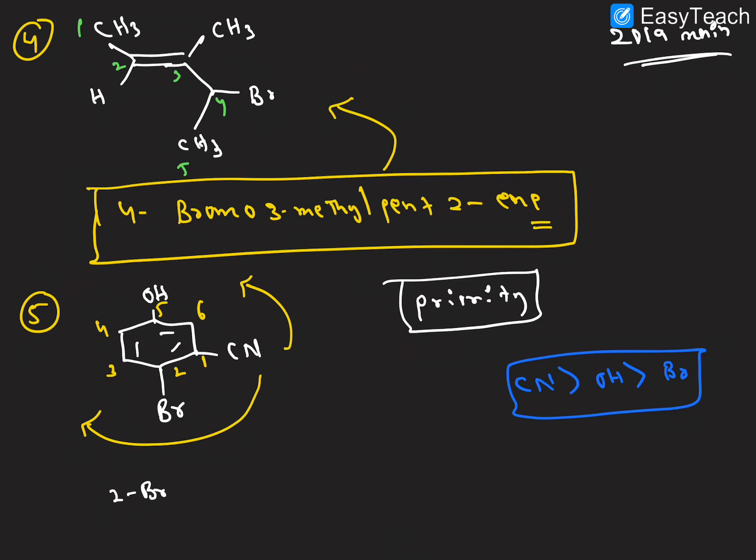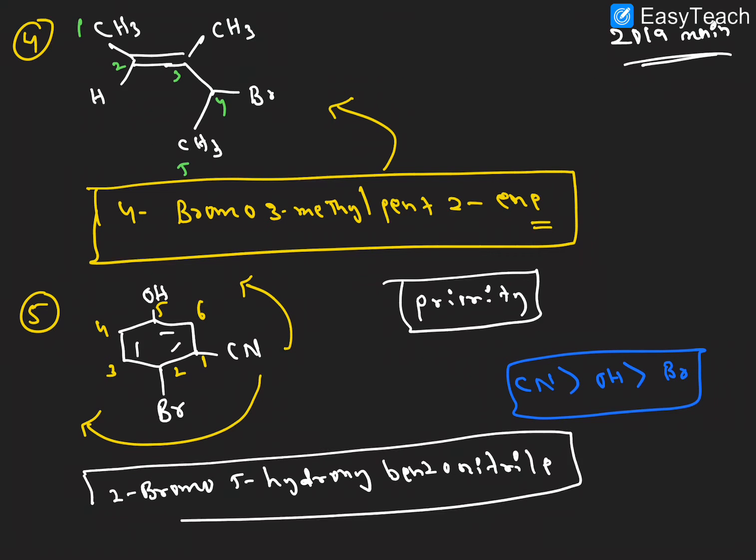Second place is bromo, 2-bromo, and fifth place is 5-hydroxy, benzonitrile. This is the IUPAC name of this compound.